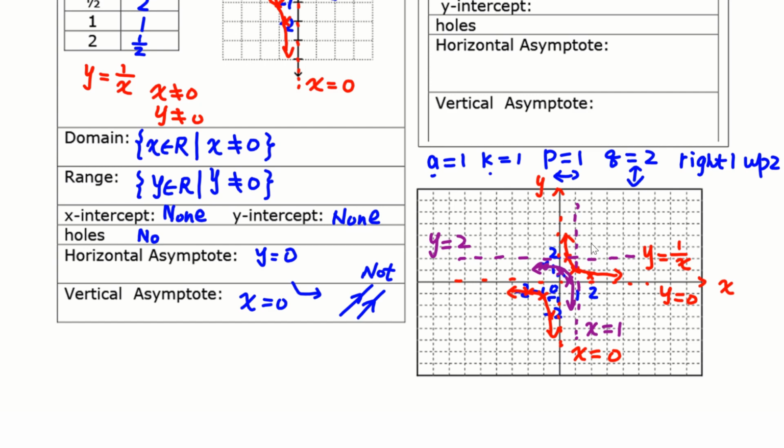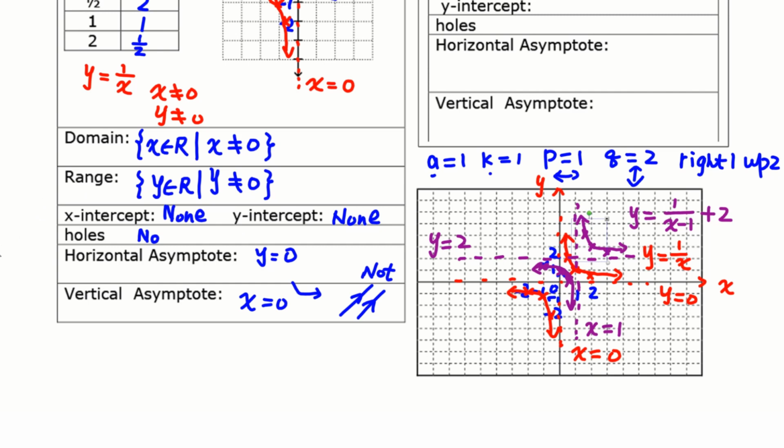Another way is to move it around, so also we could just go from here, 1 over 2, then flip, 1, 1, 2, 1 over 2. It will be easier to graph that way. So this is y equals 1 over x minus 1, that is x minus p, then plus q, 2. So this is how you graph it.